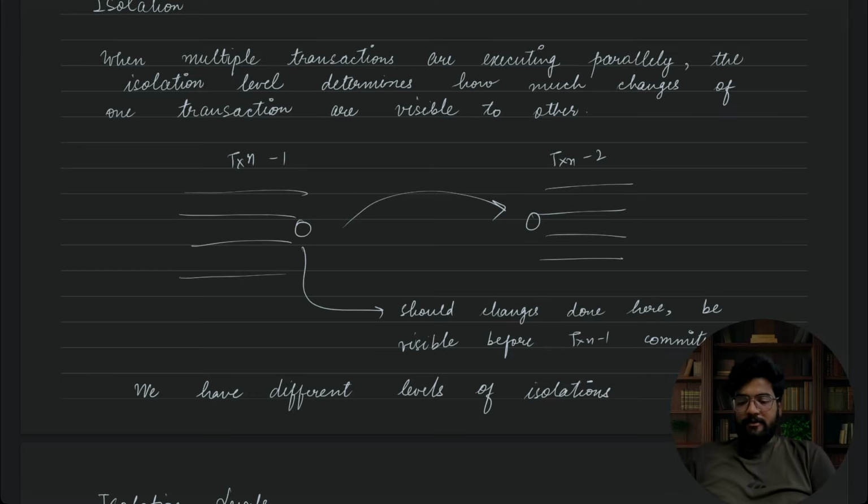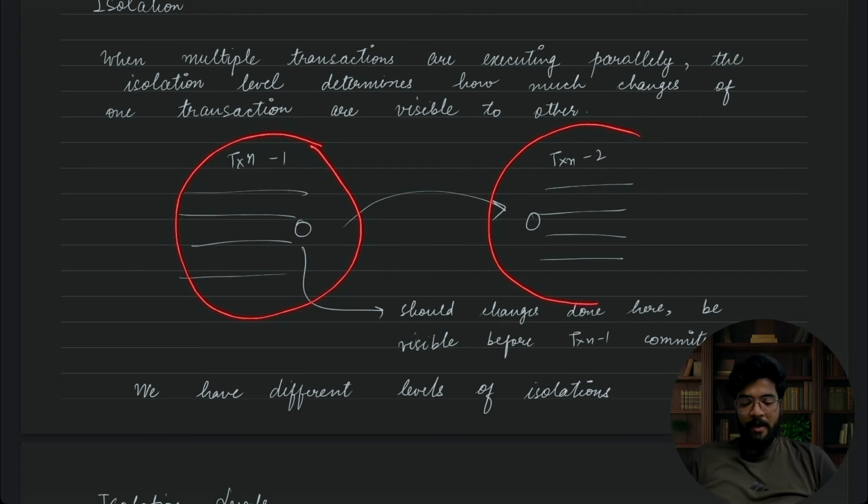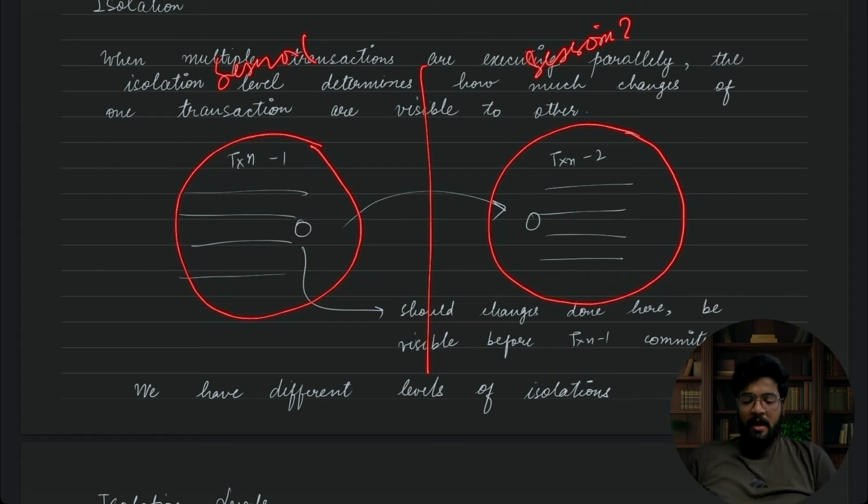Now, talking about the fourth property, which is isolation. We have different kinds of isolation levels, and we'll talk about all of them in the next section. What isolation means is, let's say we have multiple transactions going on in parallel. Let's say we have a session 1 and a session 2. These isolation levels will determine how many changes of one transaction are visible to others.